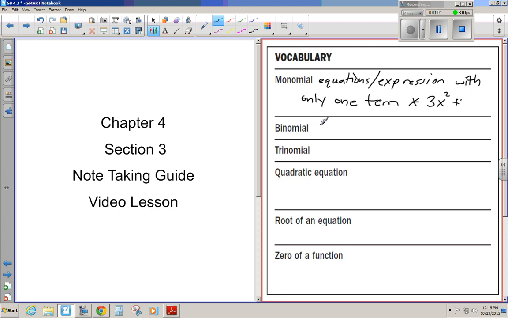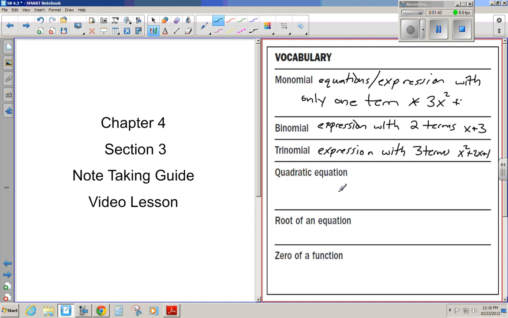A binomial is an expression with two terms. So x plus 3, those are two terms. A trinomial, I bet you can guess at this point, is an expression with three terms. So you would have x squared plus 2x plus 1.